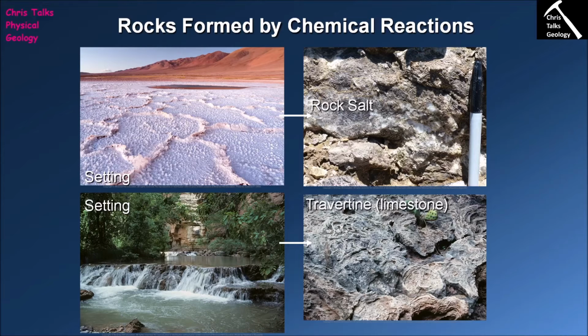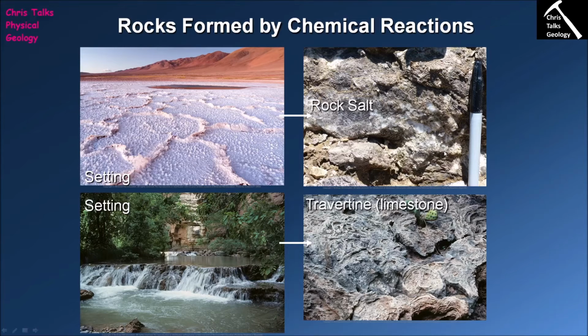So think of the reverse situation. I have hot water that's been circulating underground, and this hot water starts to rise towards the surface, and as it's rising towards the surface, it begins to cool. As it cools, the solubility of certain elements or certain minerals which are dissolved in that water will begin to decrease. And as the solubility begins to decrease, the water has to get rid of the excess, and it does that by crystallizing out minerals.